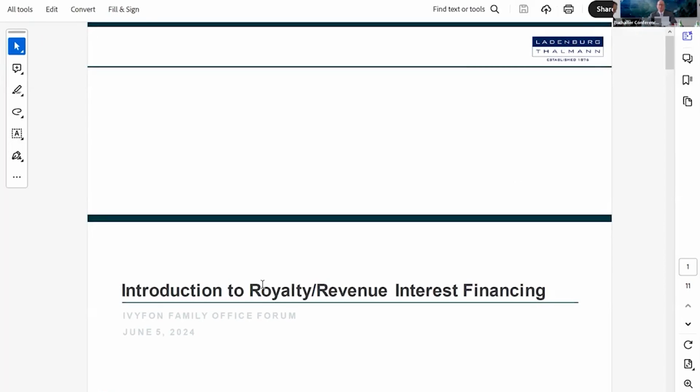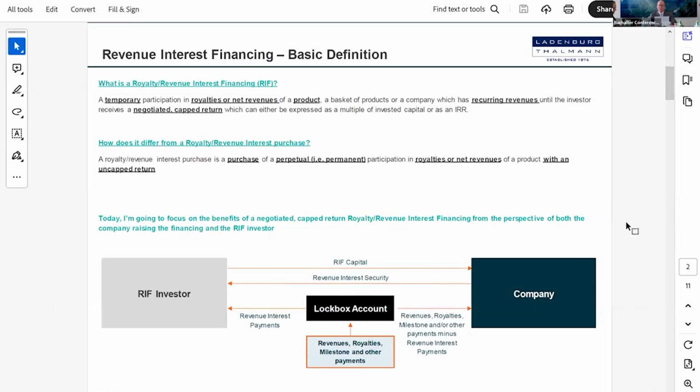Number one, in your capacity as investors in companies that are recurring revenue model companies, whether they're in the biotech, pharma, medical device, or other types of companies. And I'll be explaining what types of companies are a great fit for that.